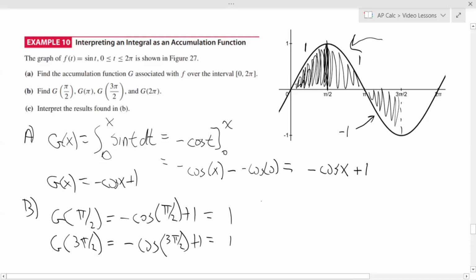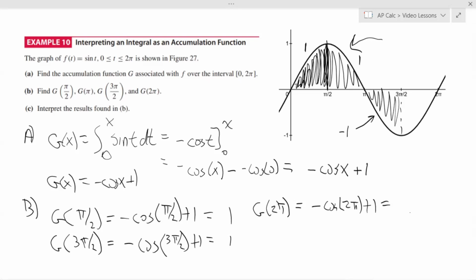Okay. And then g of 2 pi would be negative cosine of 2 pi plus 1. Cosine of 2 pi is 1, so you have negative 1 plus 1, which is 0. Now, if we go all the way to 2 pi, since you have symmetric regions, one is above and one is below, they offset each other, and the answer is 0.